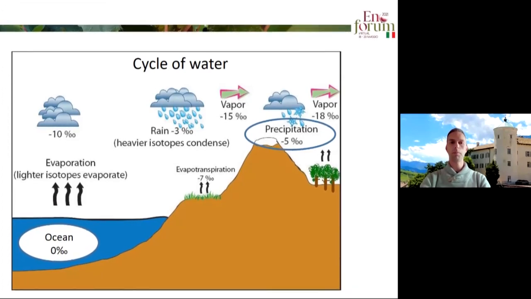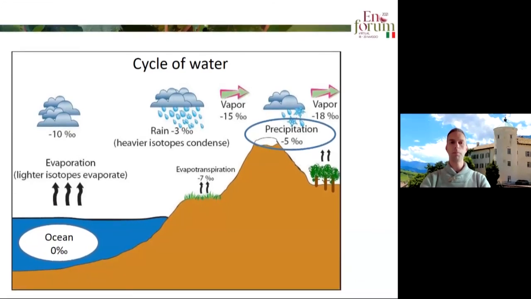We know that the isotope value of ocean water is very different from groundwater after precipitation. That is due to the fact that the ocean value is approximately 0, while due to evapotranspiration, there is an evaporation of the lighter isotope, which means that in the clouds we have a vapor which from an isotopical viewpoint is lighter when compared to ocean water.